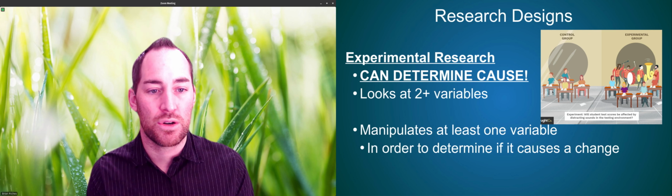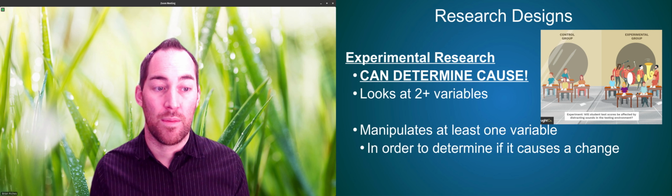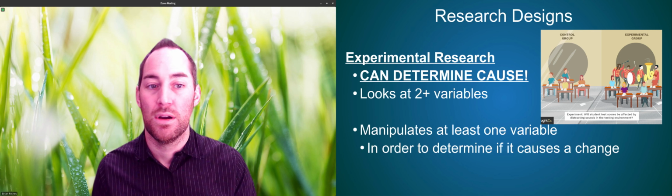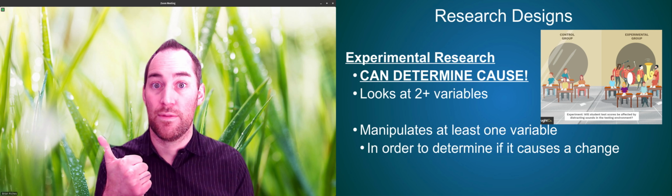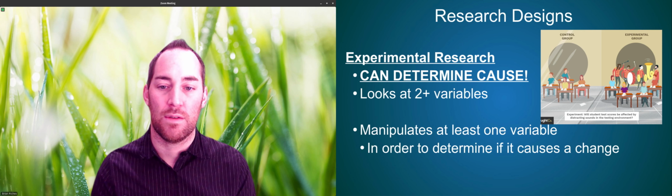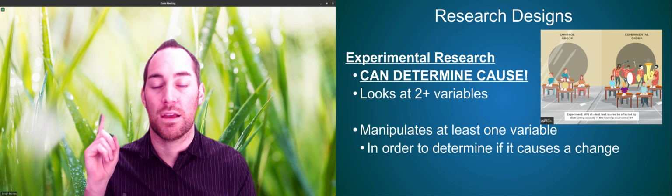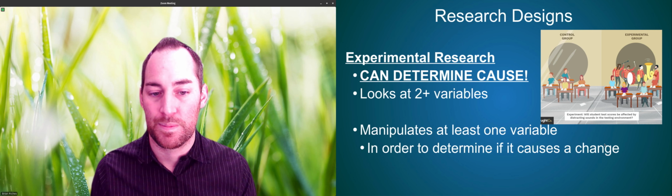So that is the experimental group. We might have a hypothesis. Will the people with the loud music from a band, will they do worse or better on this test? So the variables we're looking at are noise level and test score. Those are the two variables, and we are manipulating noise level and seeing if it changes test score.